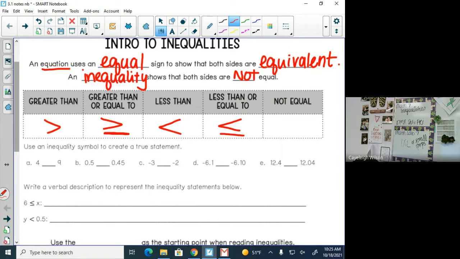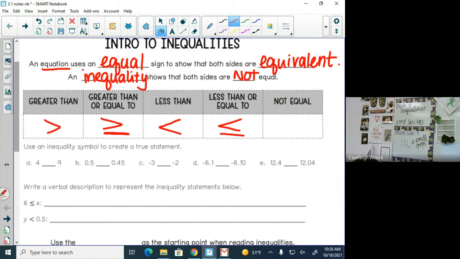How would it be greater than or equal to or less than or equal to? So the number is either greater or it's equal to. So like if I said 5 is greater than or equal to 3. Is 5 greater than or is it equal to 3? It's greater than, so that's good.